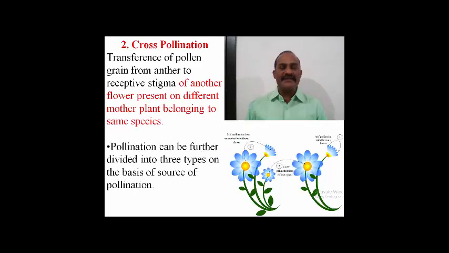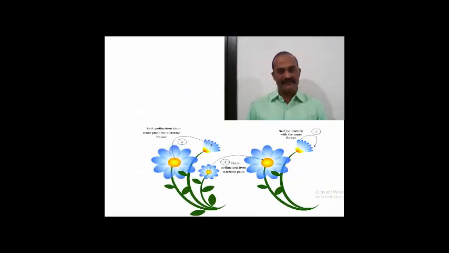Now cross-pollination can be defined as the transference of pollen grains from anther to the receptive stigma of gynoecium of another flower present on a different plant but belonging to the same species. Very importantly, belonging to the same species, and this pollination can be further divided into three major types depending upon the source of pollination.